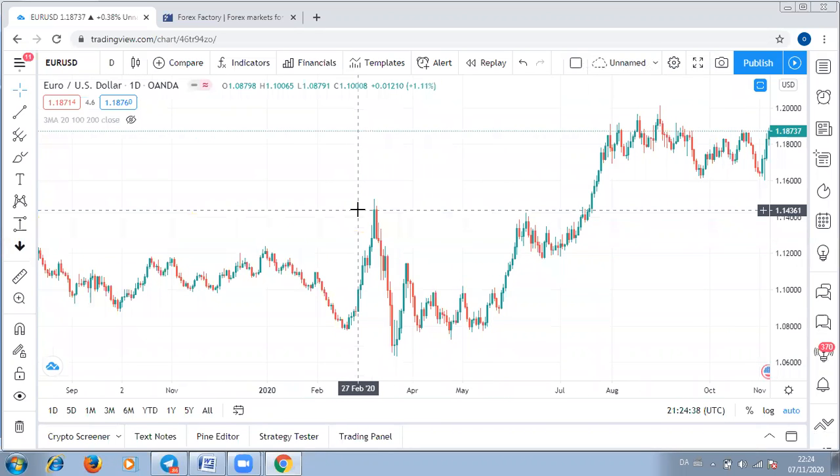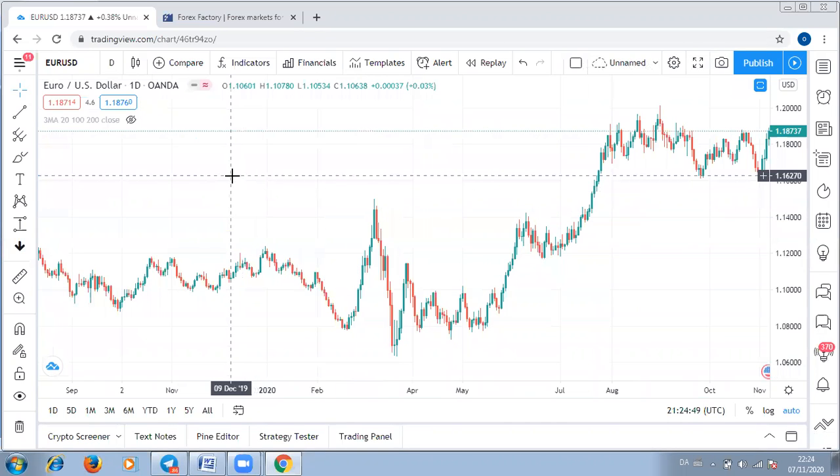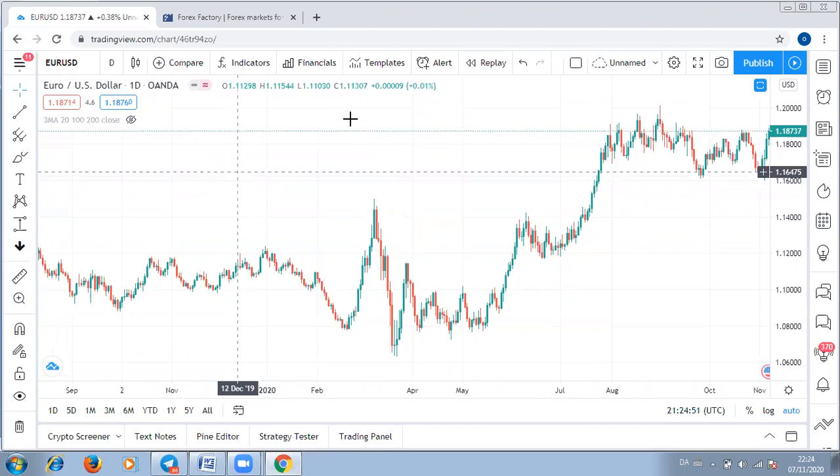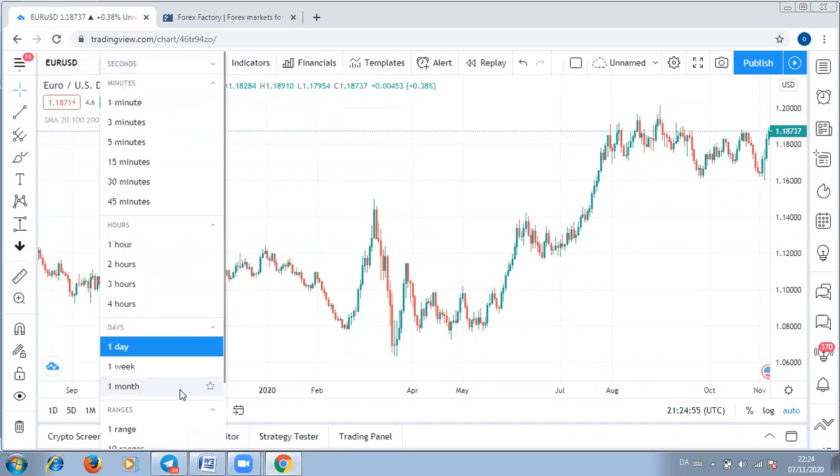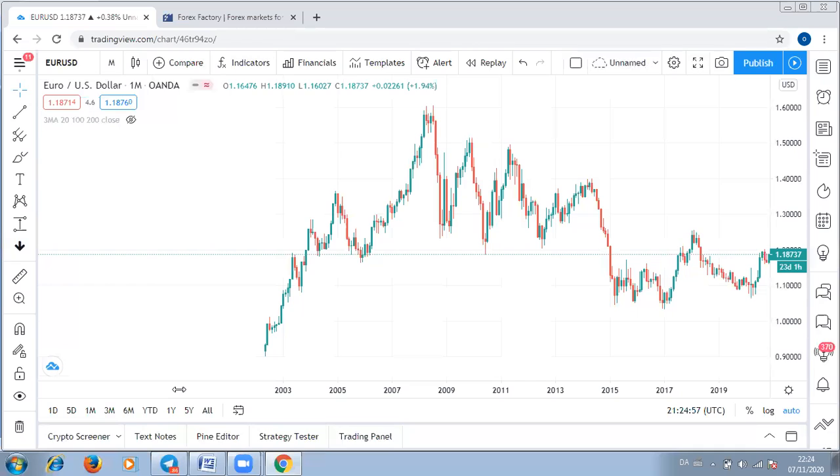So, what is a support and resistance line? How do we know a support and resistance line? Support and resistance is a single line in the market. How do we determine support and resistance lines?